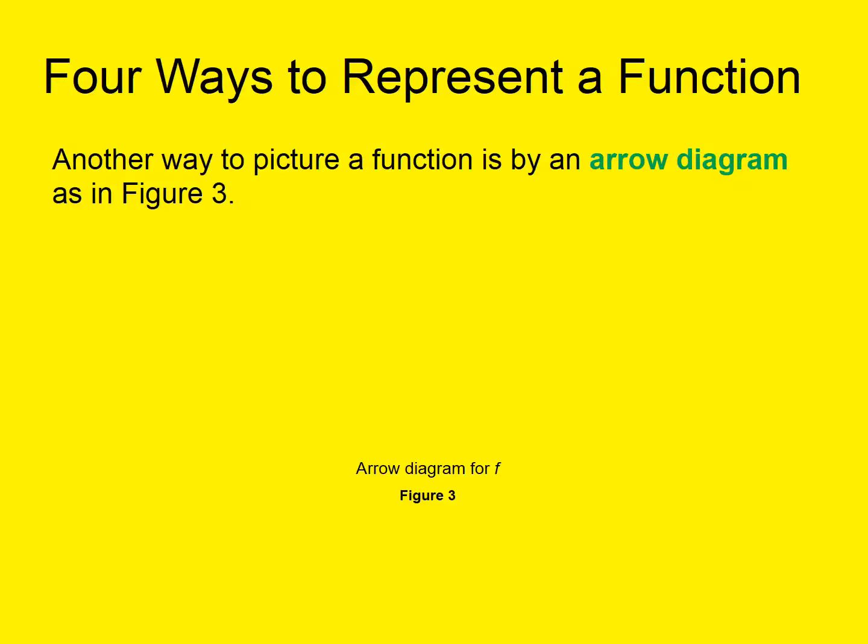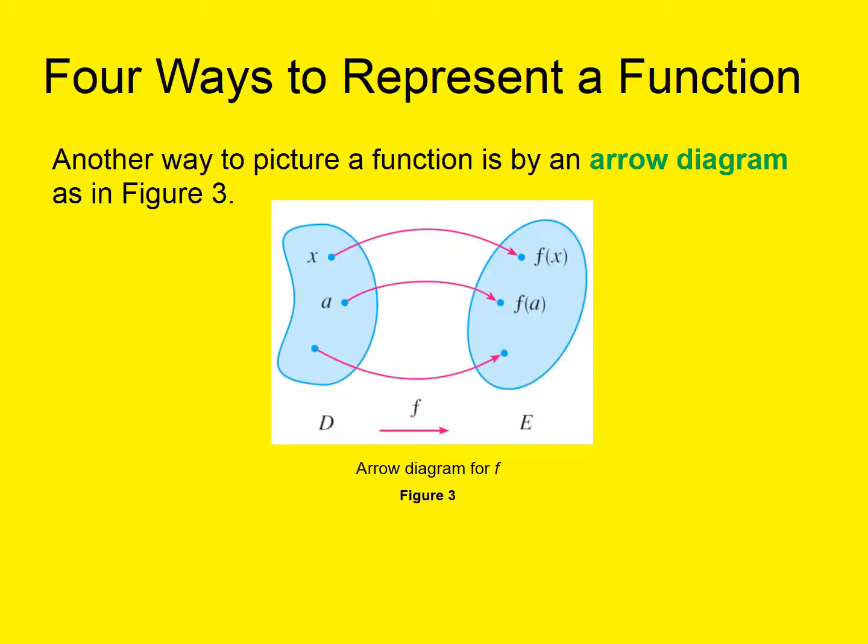Another way to picture a function is by an arrow diagram, as in figure 3. So we've seen table, we've seen machine, we've seen a graph. Here's an arrow diagram. And you've got domain elements over on the left in that region on the left.